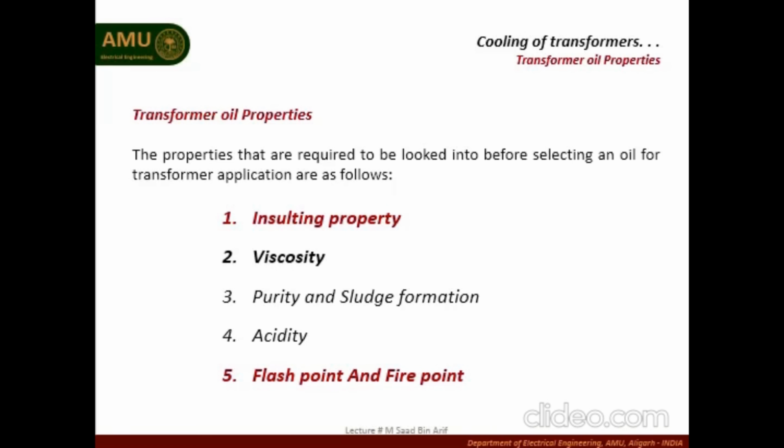If the sludge formation starts in the transformer oil, then this will reduce the reliability of the transformer. So these are the very important properties that are required to be looked into before selecting an oil for the transformer. So this is all about the constructional detail of a single phase transformer.